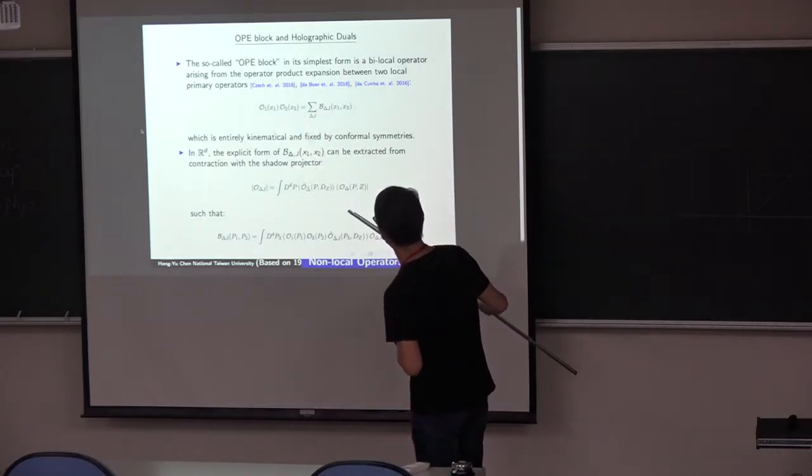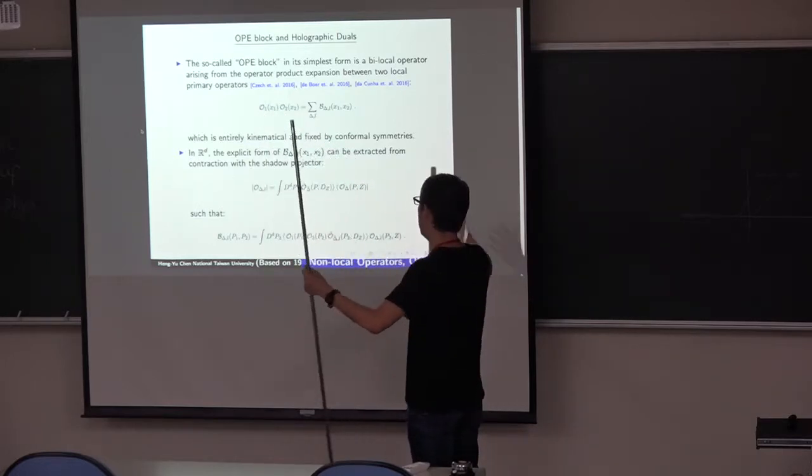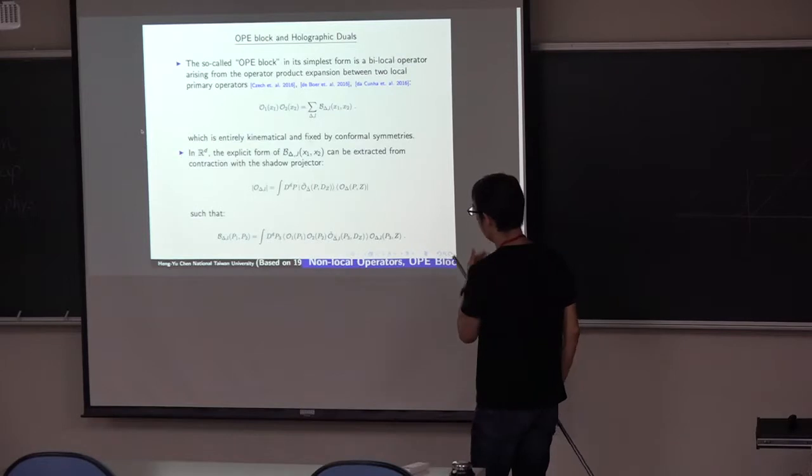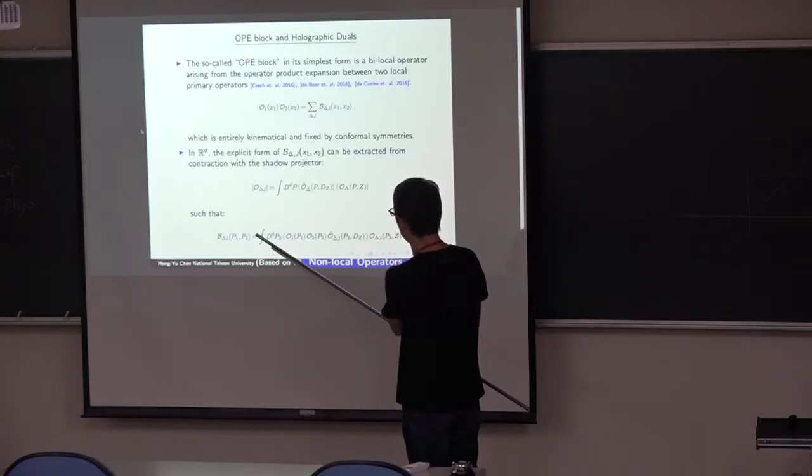So once we introduce a projector, we are actually treating some of those guys as a bra-ket in the sense of quantum mechanics. And taking a contraction, we can rewrite the explicit form of the OPE block into the following.